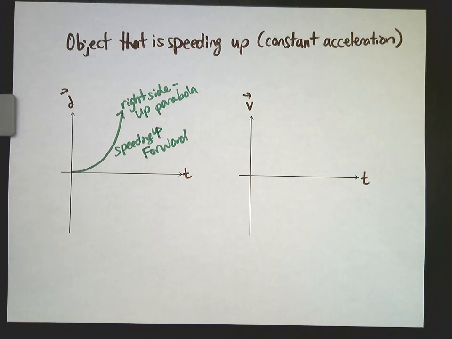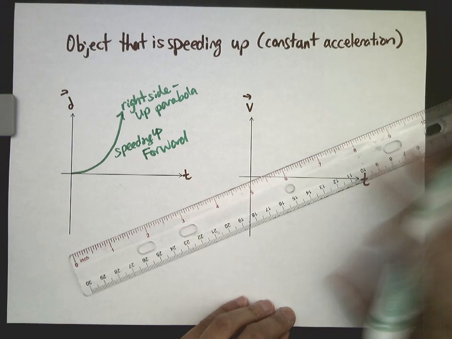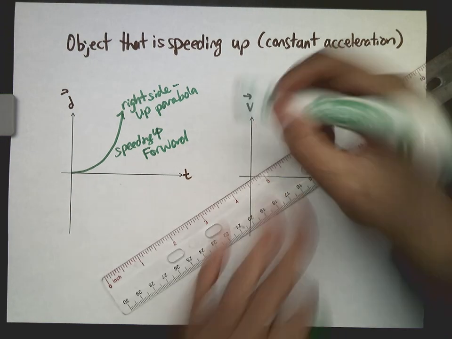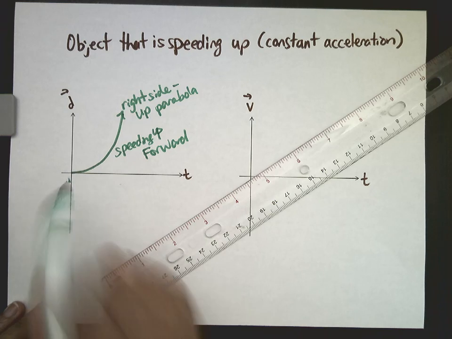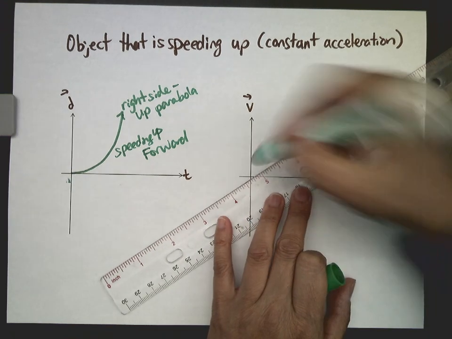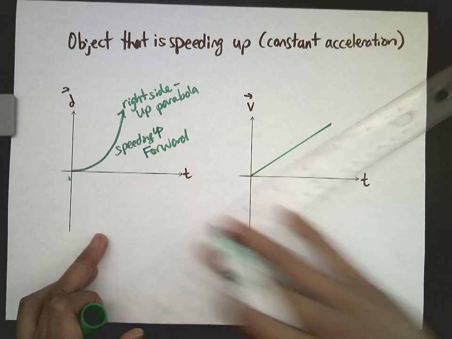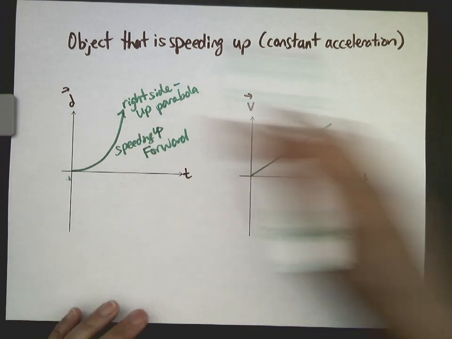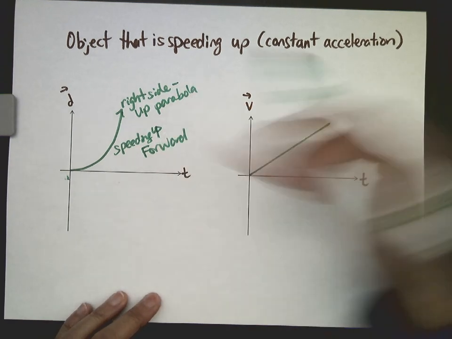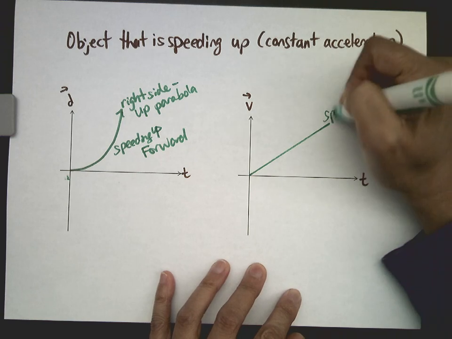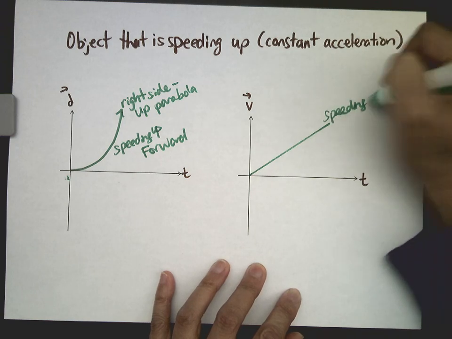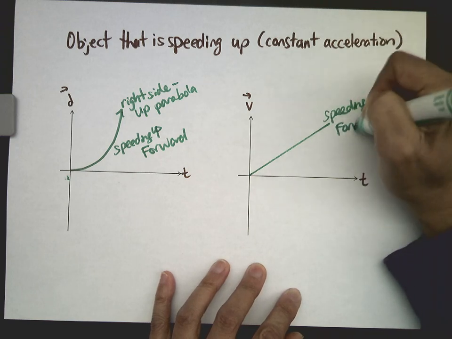So on a velocity time graph, we're going to assume we're starting at 0, okay, because here the slope is kind of at 0. And so we're going to start at 0 and we're going to speed up like so, and that is the velocity time graph for this parabola. So speeding up, forward.